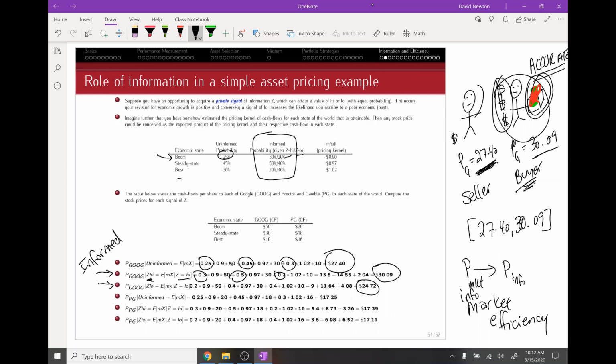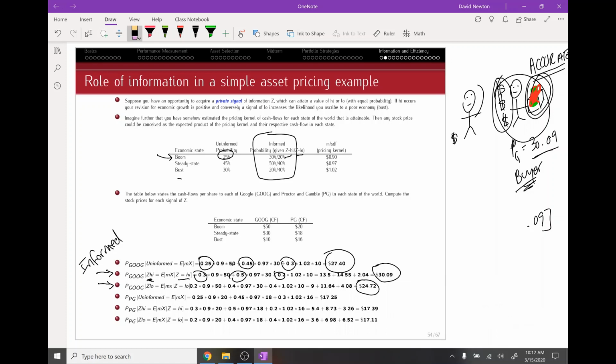Now, if you imagine a sequential case where we have a single buyer, we'll go back to the original case. We have a situation where the individual has a positive signal and we have a few possible buyers. Let's not worry about them having different levels of wealth right now.